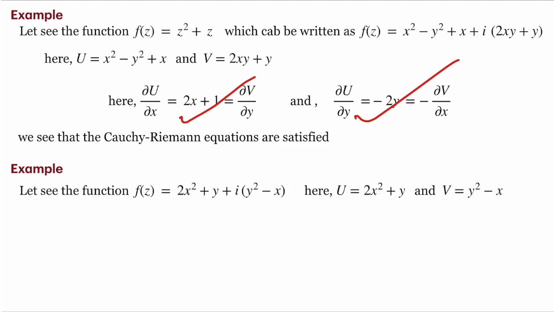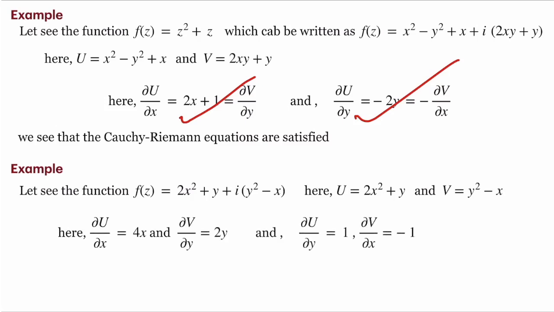Let's look at what happens. u is equal to 2x square plus y and v is equal to y square minus x. Here du by dx is equal to 4x and dv by dy is equal to 2y. So they can't be equal to each other unless both x and y are 0.